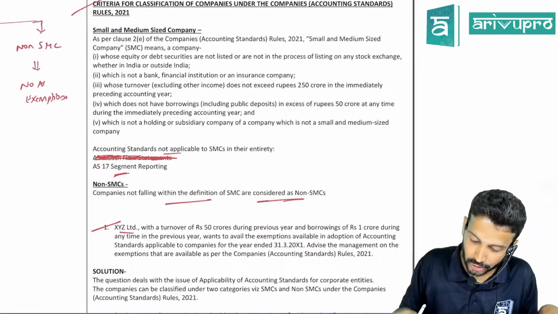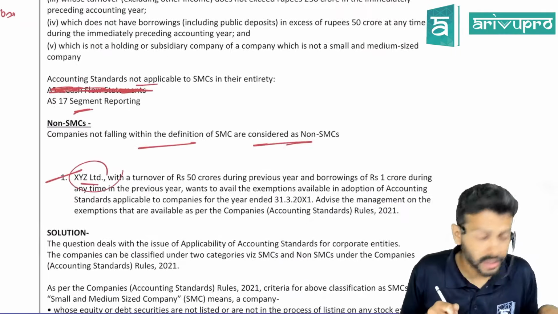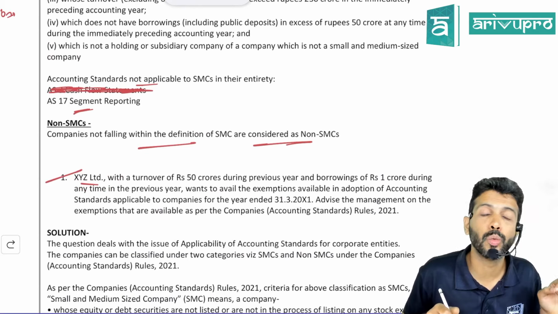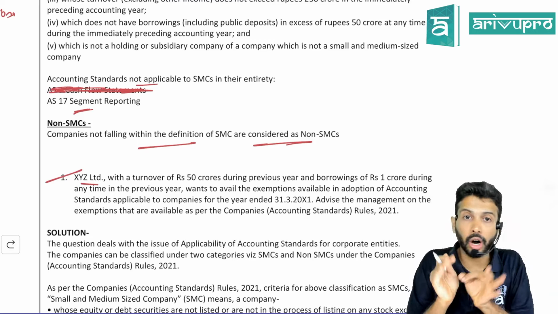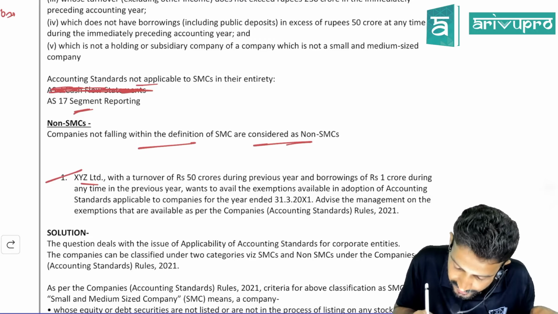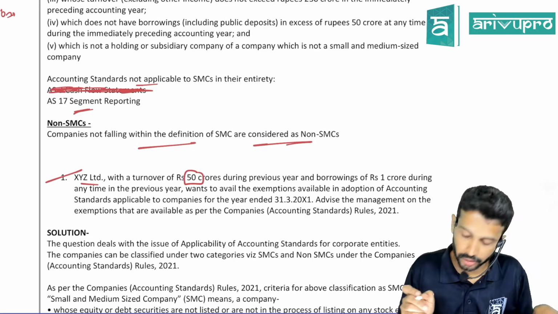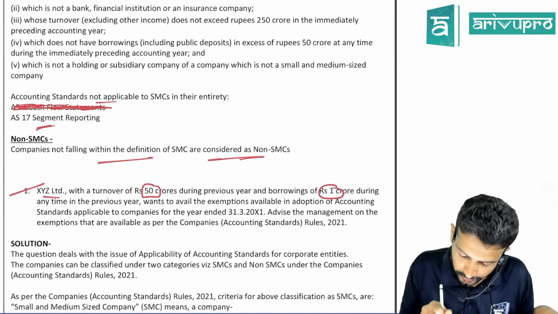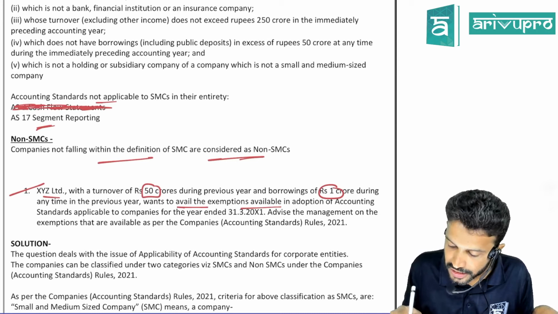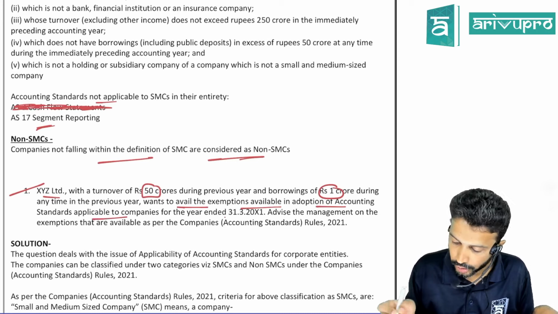Okay, awesome. Coming back to this question now. X, Y, Z Limited. So which non-corporate entities or corporate entities? So we are talking about corporate entities' limits. They have a turnover of 50 crores in the previous year and they have a borrowing of 1 crore. Okay, in the previous year, and they want to avail exemptions in adopting accounting standards applicable for the current year.